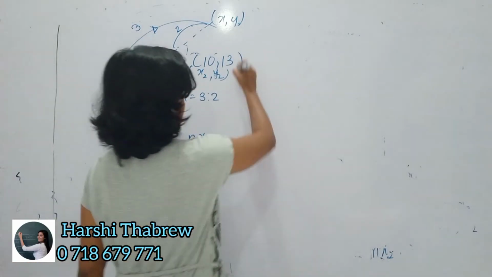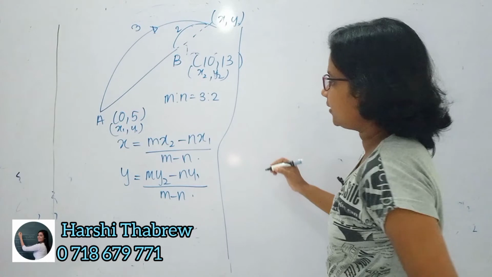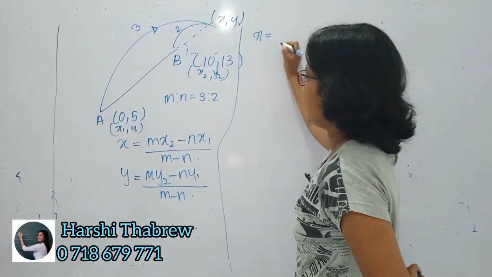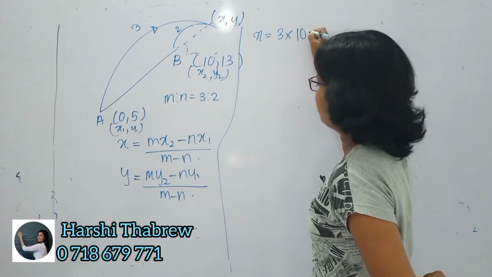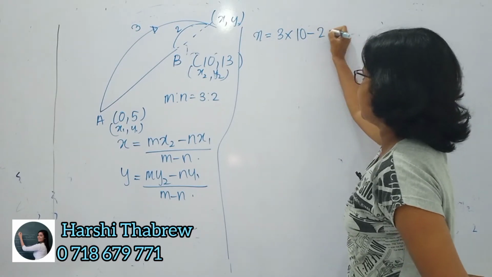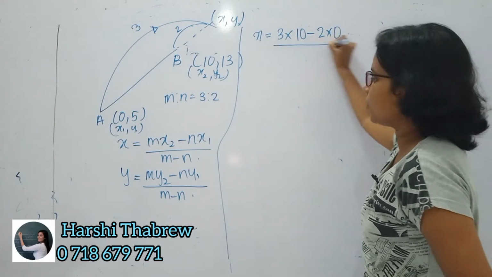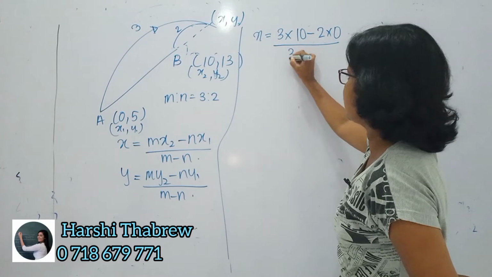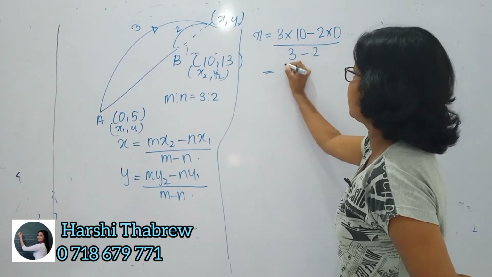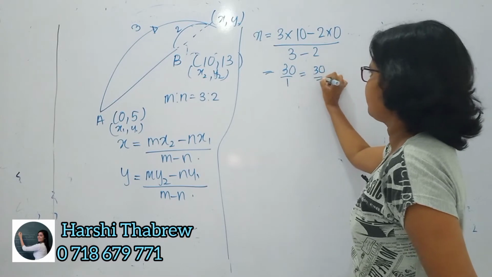Accordingly, we can assign values. X equals 3 into 10 minus 2 into 0 over 3 minus 2, then 30 over 1, it's 30.